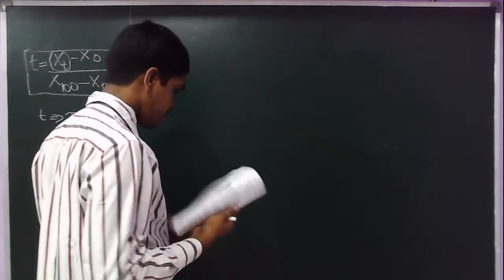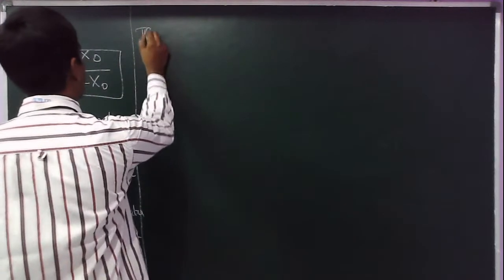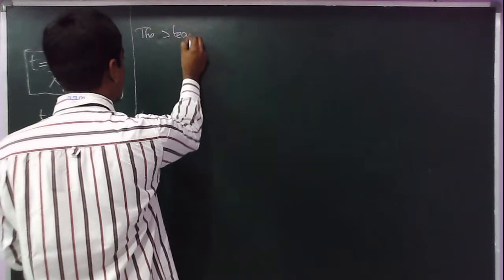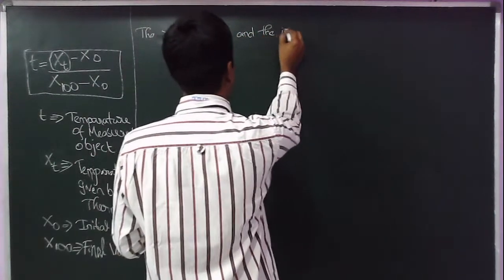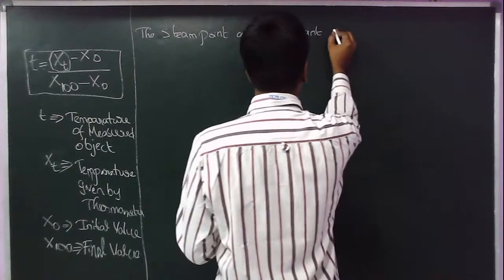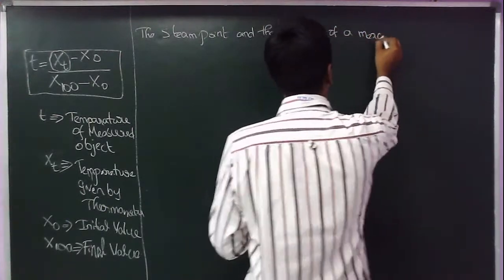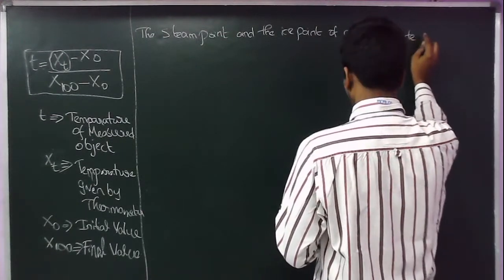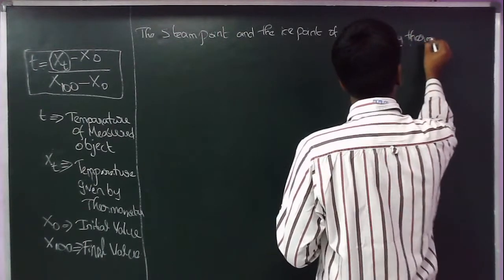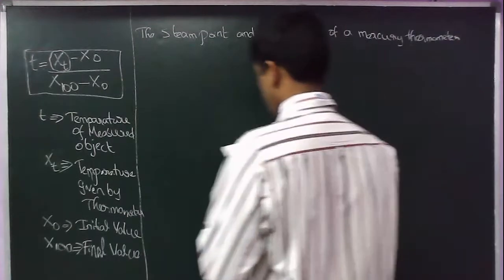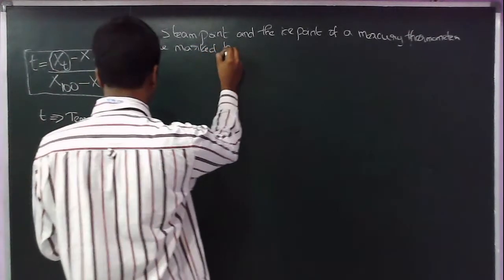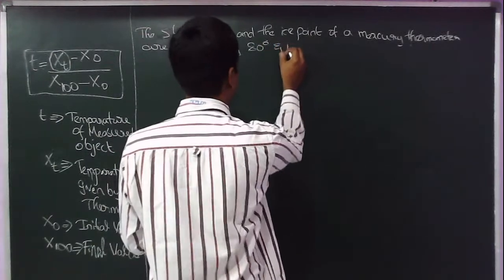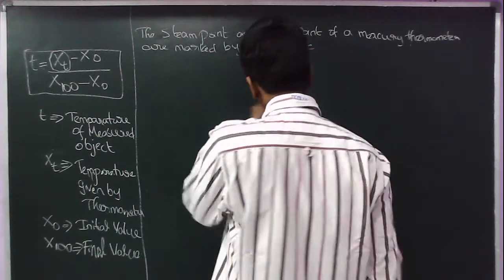Okay, let's solve a problem. The steam point and the ice point of a mercury thermometer are marked by 80 degrees and 110 degrees.